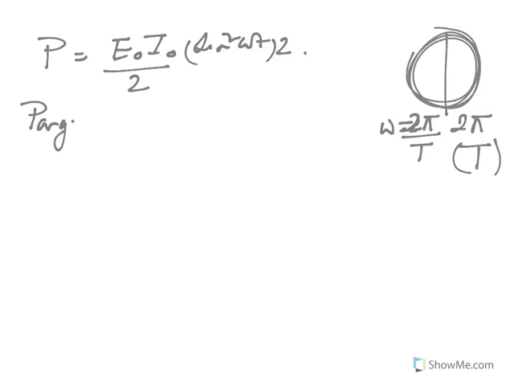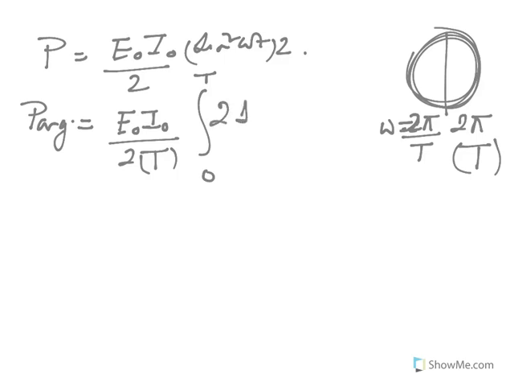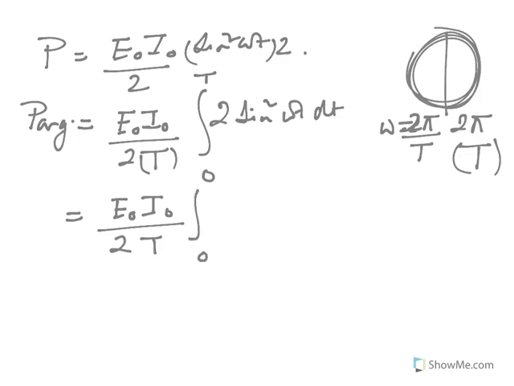So P average can also be written as 1 by t and integrate it from 0 to t of E0 I0 2 sine square omega t dt. So this you get as E0 I0 by 2t, and this can also be written as 1 minus cos 2 omega t dt.